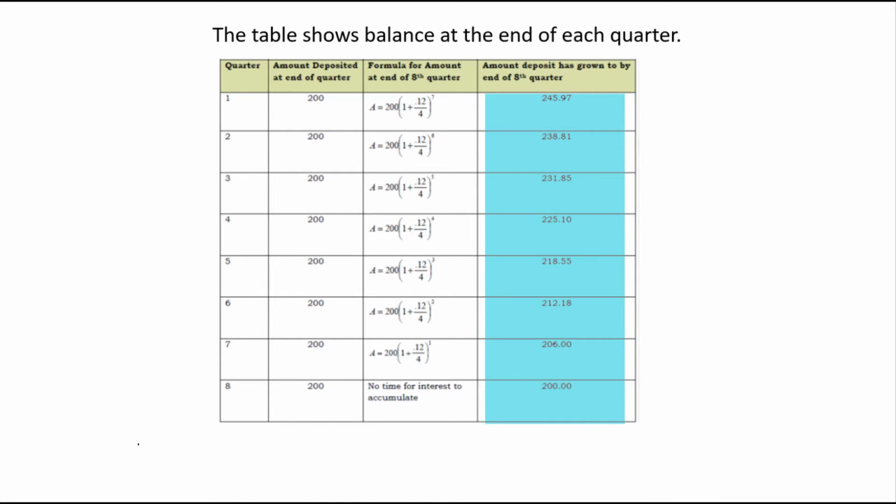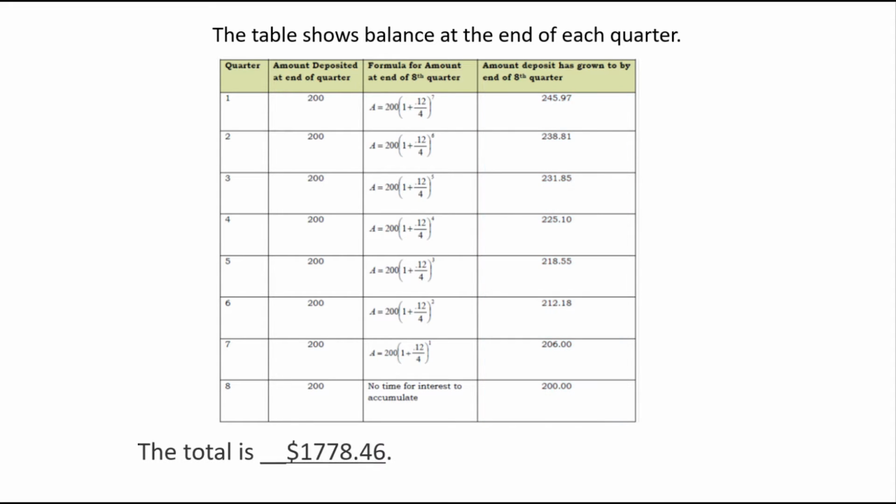When those 8 entries are added together, we get that the total balance is $1,778.46, which is $178.46 more than the $1,600 that was deposited.